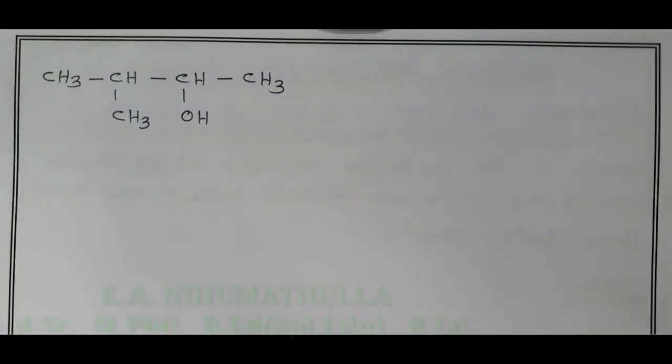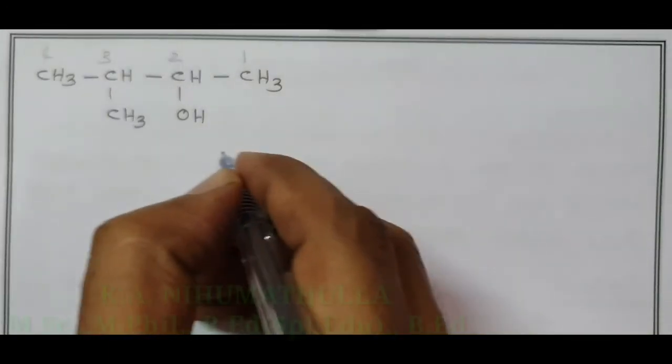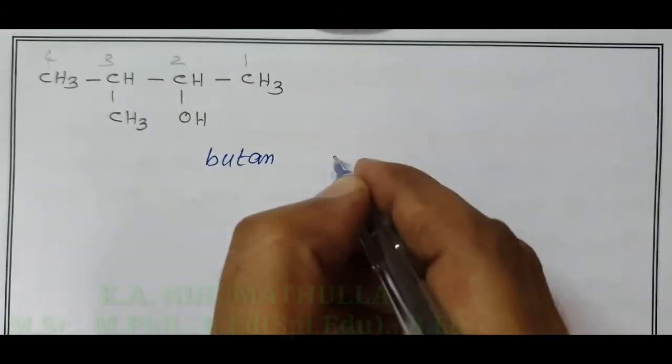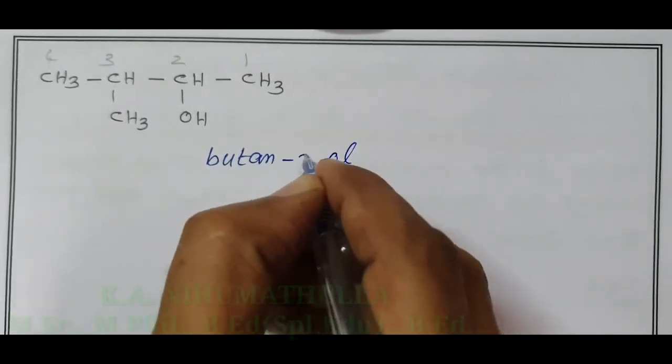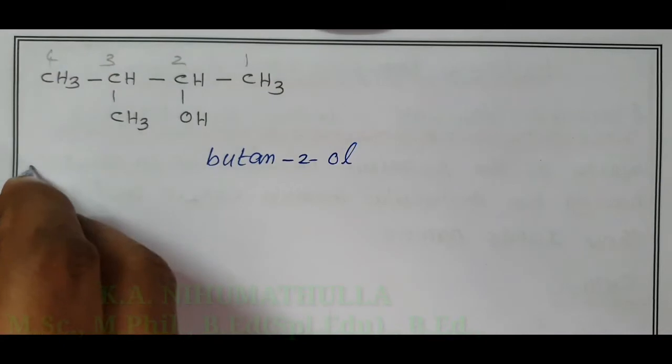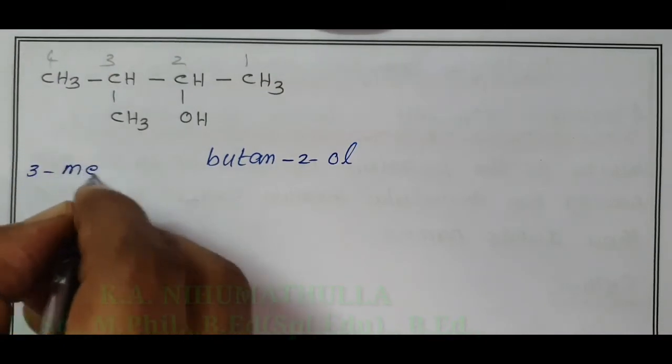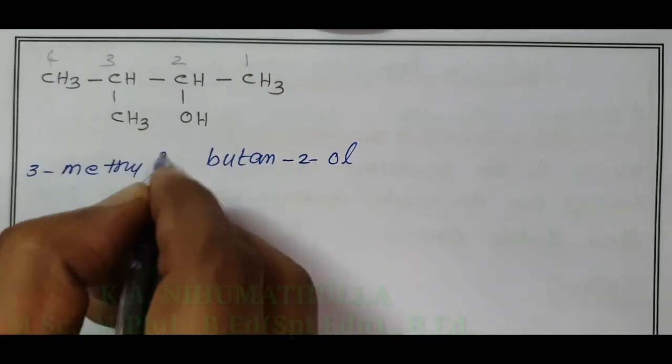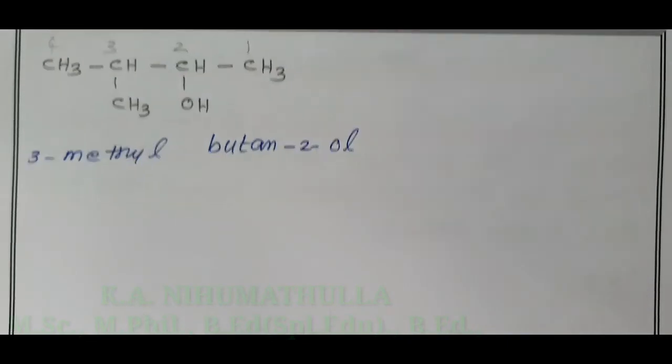So OH position is 2, 1, 2, 3, 4. 4 carbon atoms in the main chain, root word but, carbon-carbon single bond ane, OH ol, position of OH is 2. Third carbon contains 1 methyl, therefore this is 3-methylbutan-2-ol.